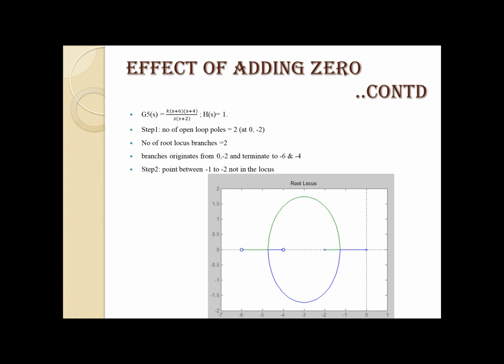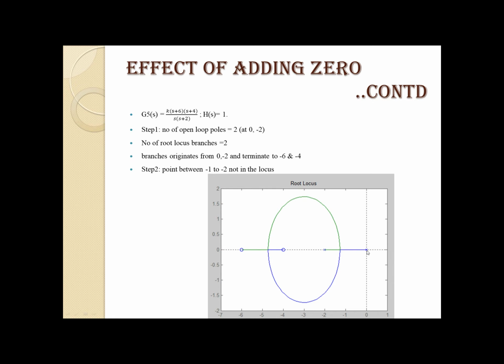The branches will originate from the pole locations, from 0 and from -2, and then terminate at the -4 and -6 locations, and any point in between -1 and -2 is not in the locus. So this one is the complete root locus.